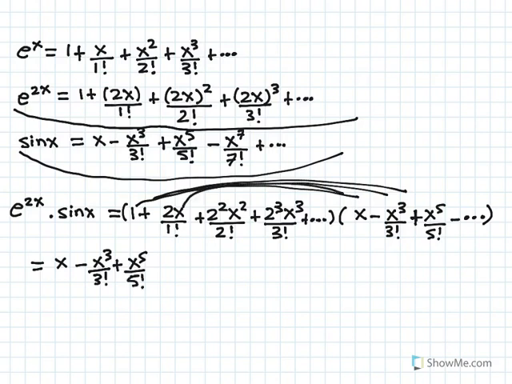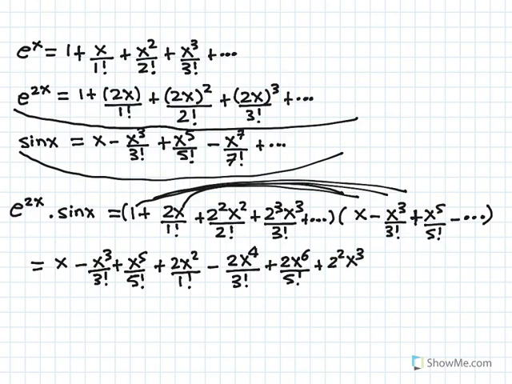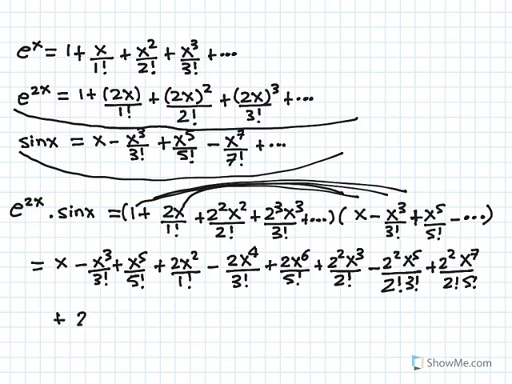Now the second term, so 2x times x, that's going to give us 2x squared divided by 1 factorial minus 2x to the 4th divided by 3 factorial plus 2x to the 6th divided by 5 factorial plus 2 squared x cubed divided by 2 factorial minus 2 squared x to the power of 5 divided by 2 factorial times 3 factorial plus 2 squared x to the power of 7 divided by 2 factorial times 5 factorial plus 2 cubed times, so we're looking at this term, multiply it by x and just FOIL it out.